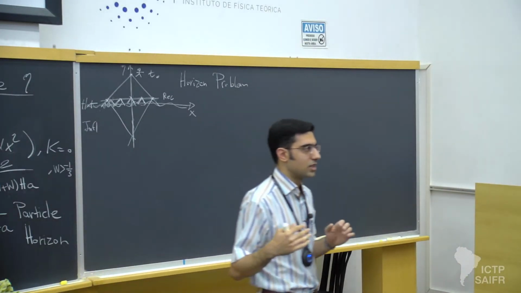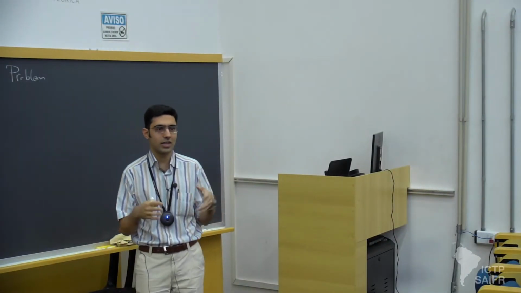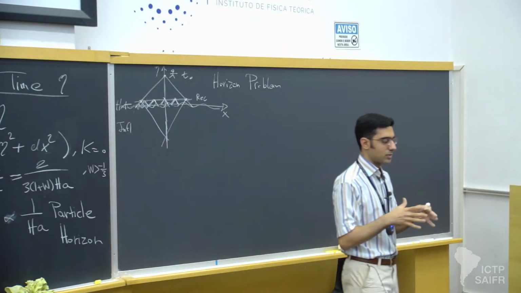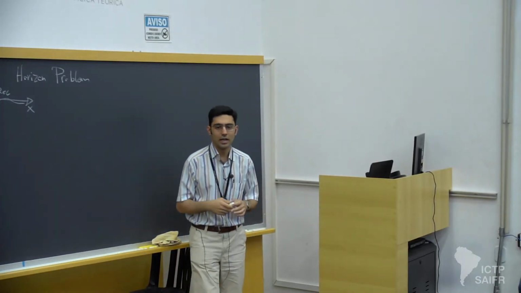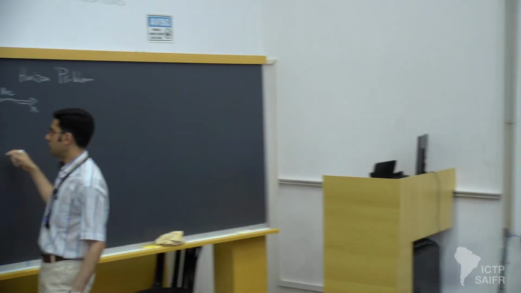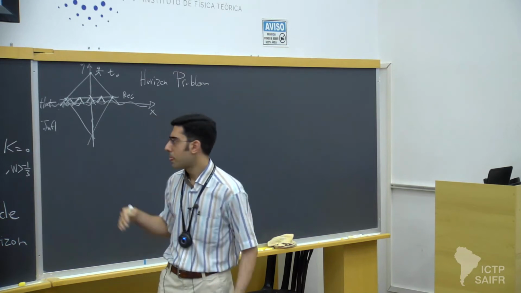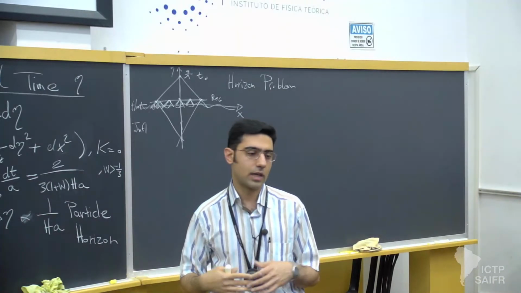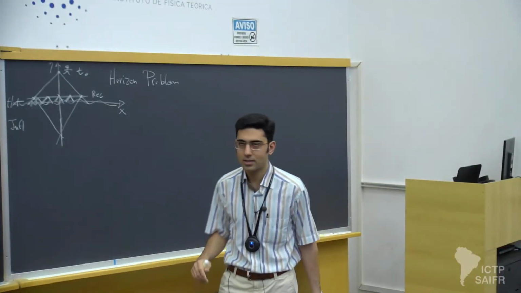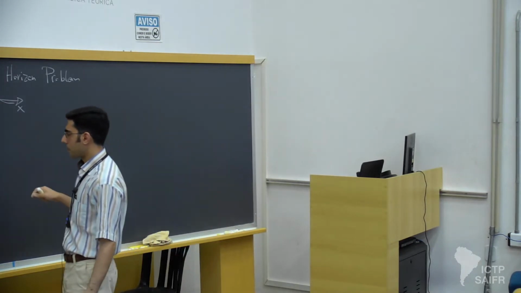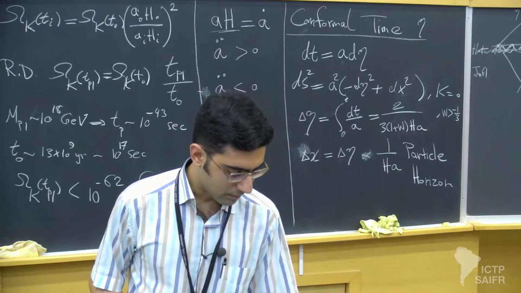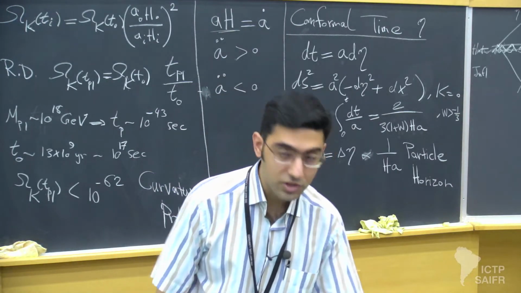Afterwards it won't be surprising if they are very homogeneous, because they had seen each other before. They have received information from some small region which was in causal contact with itself. So they could become homogeneous and uniform, and we will see that they actually do. All right, so this is the second problem with hot Big Bang, and how inflation tries to solve it.